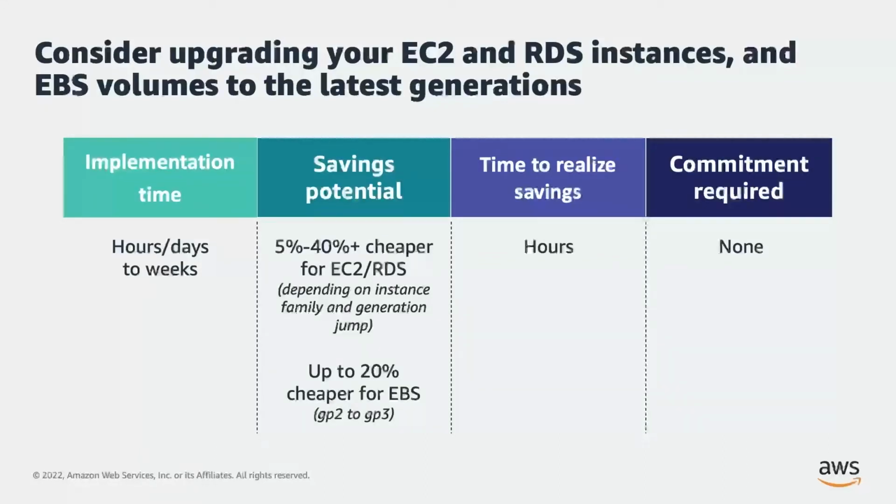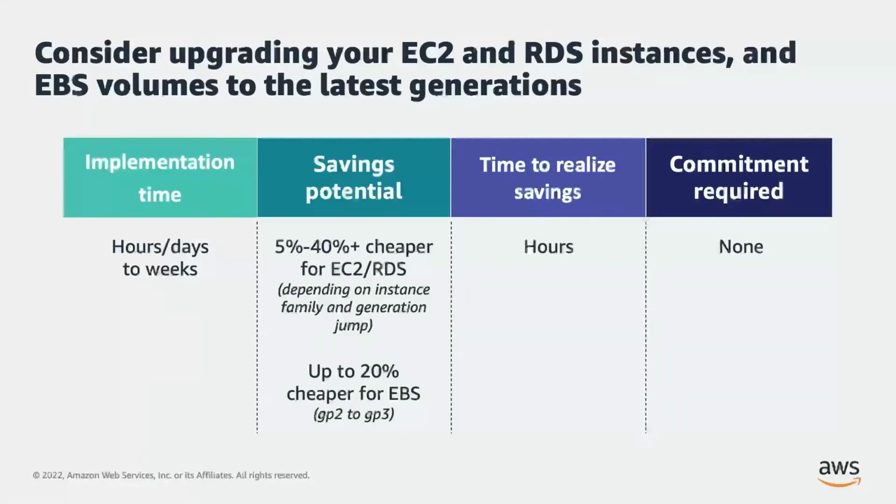It's very different to perform a jump or migration between a C3 to C4. This is very different than to do it from C3 to C6g, for example, right? Very different. So different instance families and different generation jumps.